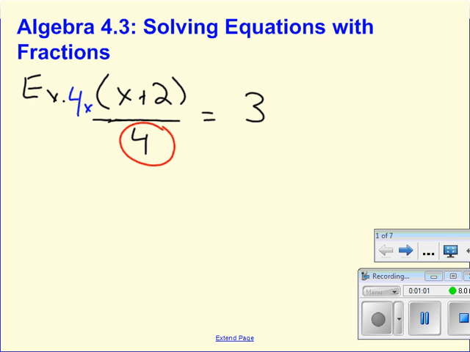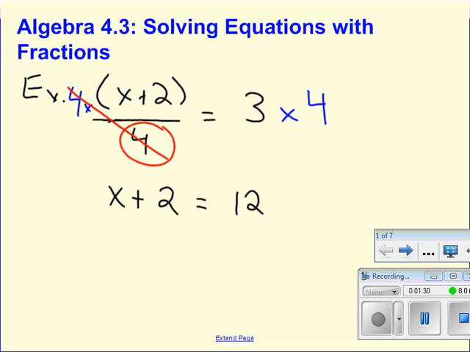But whatever I do to my left side, I have to remember, I'm going to have to do the same to my right. What this gives me is 4 divided by 4, which is equal to 1, and I can cancel it out. I'm left with x plus 2 is equal to 3 times 4, 12.